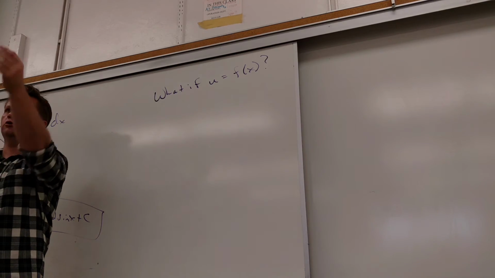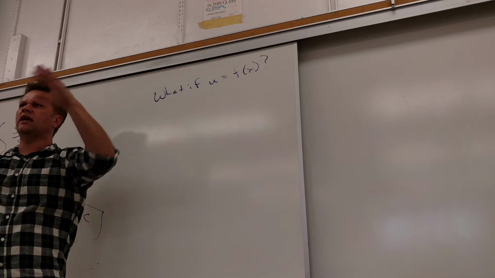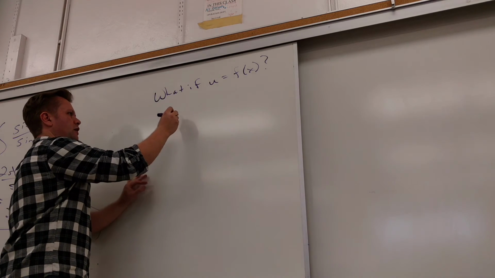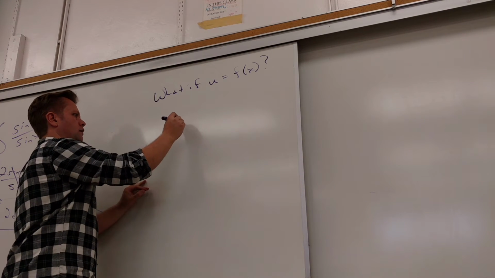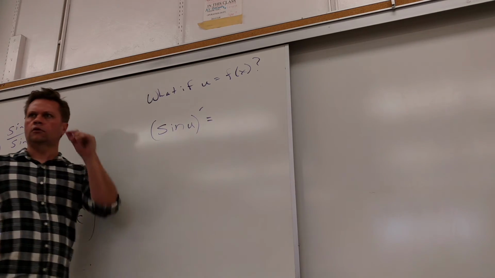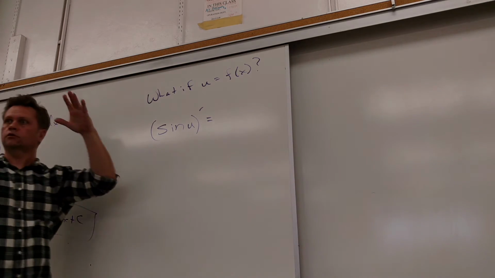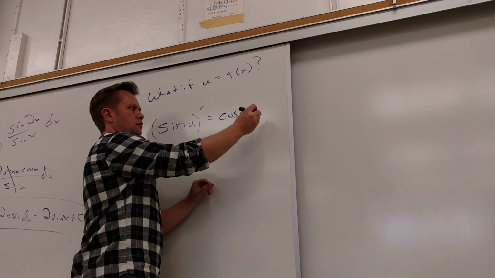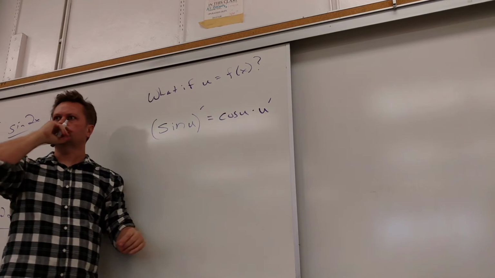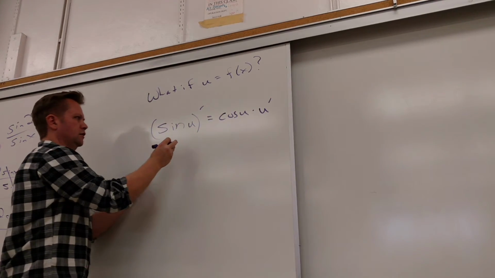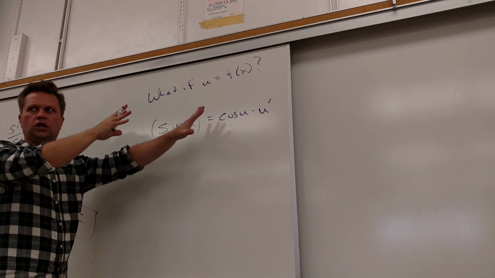So u could be square root of x, u could be sine of x, u could be anything, some function of x. And then I said, take the derivative of it, times u prime. That's the idea. That's chain rule directly.